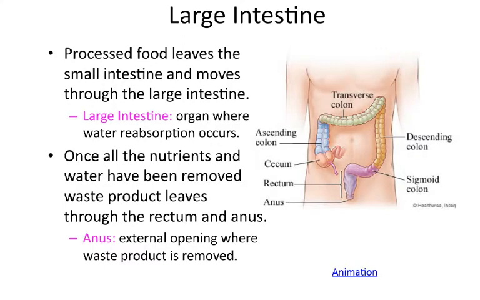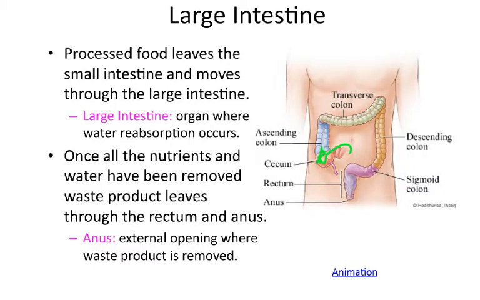So we've moved past the small intestine. We've harvested almost all the nutrients out of the food. The food's now going to enter the large intestine. The large intestine is a much shorter organ than the small intestine.